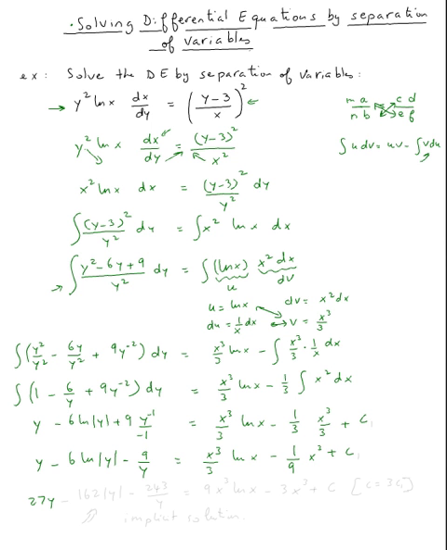So 27y minus 27 times 6, that would be 162 ln of y, minus 27 times 9, that's 243 over y, is equal to 27 divided by 3 is 9, so this will be 9x cubed ln x, minus 27 over 9 is 3x cubed, plus 3 times c.